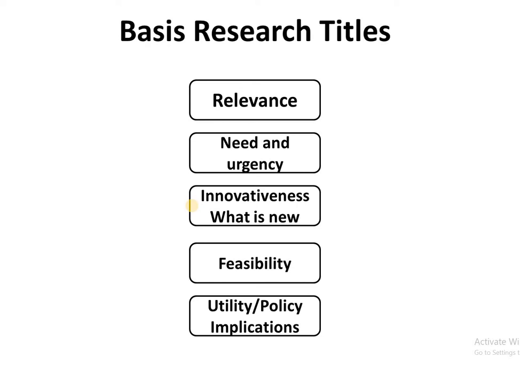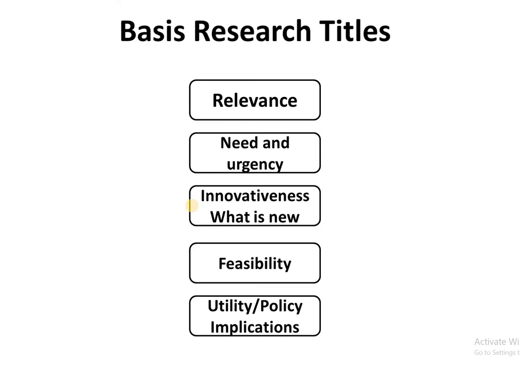Then when all these things happen and the research is conducted, you have to think about the utility of research, how it will be utilized, whether it has some policy impact or policy implication. So these are the bases behind the selection of the research title.